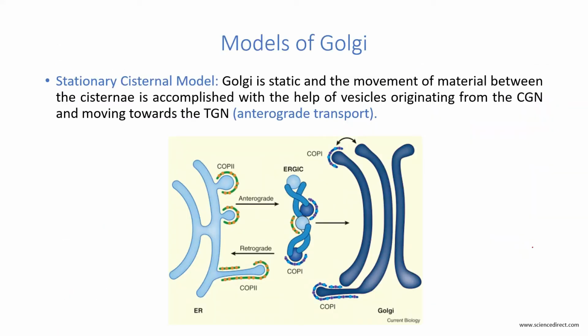Now, models of Golgi. It is a very important topic. Models of Golgi here refers to the models of vesicular transport and trafficking that is occurring in the Golgi network or in the cell.